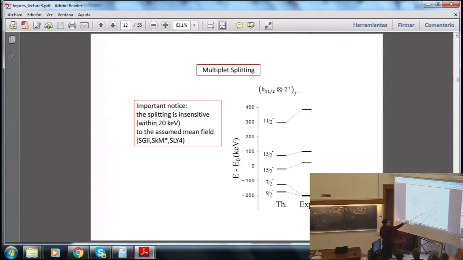Here you have the experimental energies of the quintuplet, and here you have the angular momenta, and in this side you find the result of the particle-vibration coupling. You could say, okay, you are using a particle-vibration coupling that has the right strength, you can be tranquil in this sense.